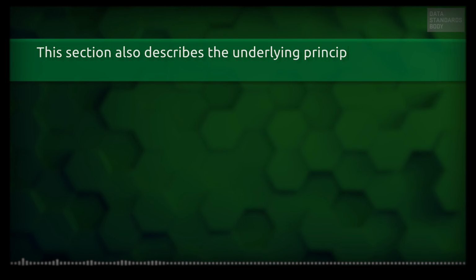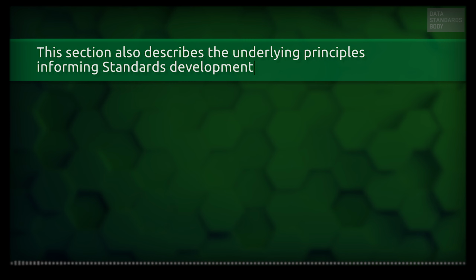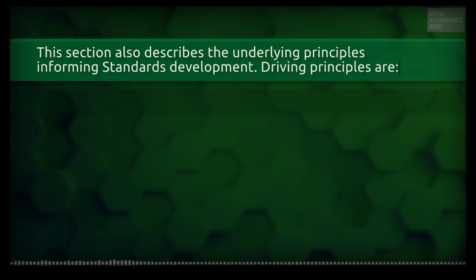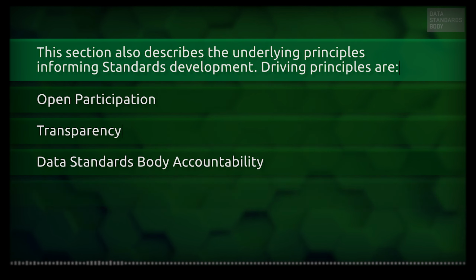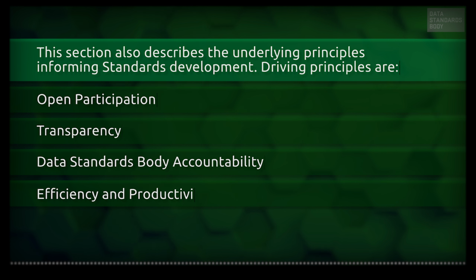This section also describes the underlying principles informing standards development. Driving principles are open participation, transparency, data standards body accountability, efficiency and productivity, iteration and agility.